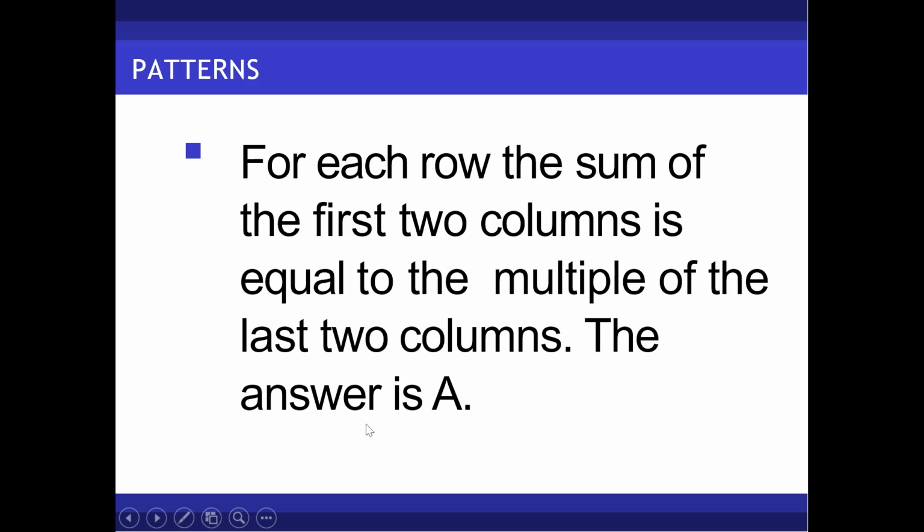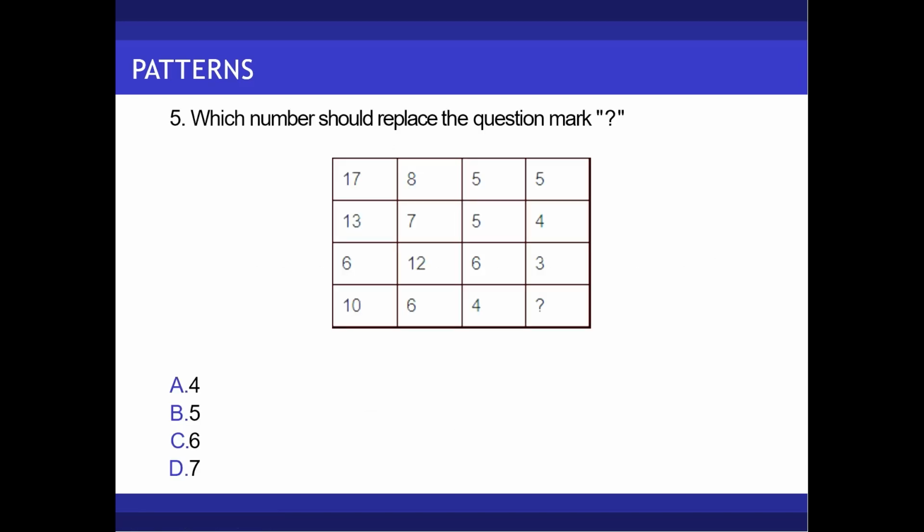So the answer is letter A. Let's take a look at it again. So here, 17 plus 8, 25, is 5 times 5. Or the factors of the sum can be found here in the last two columns.